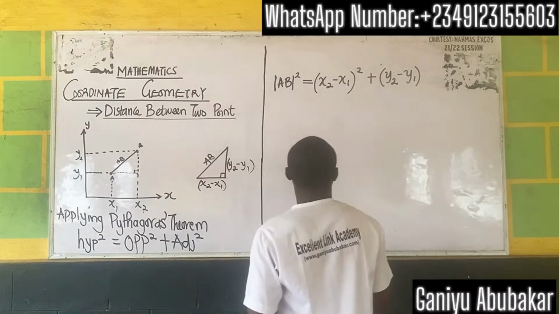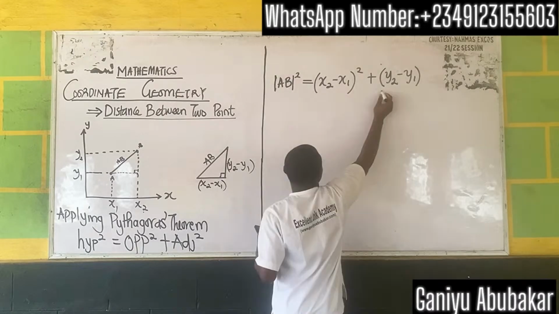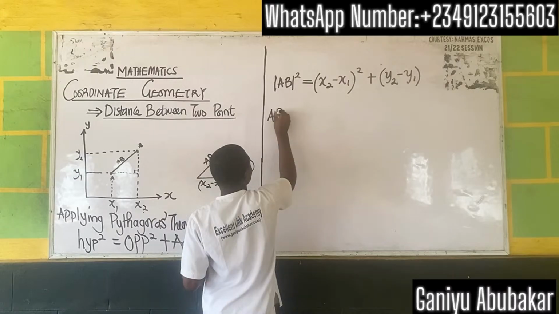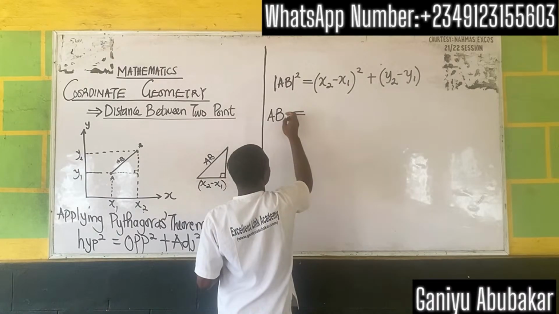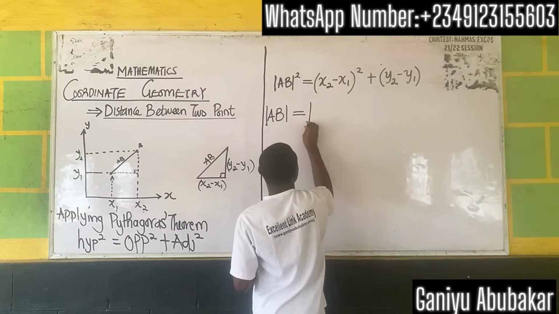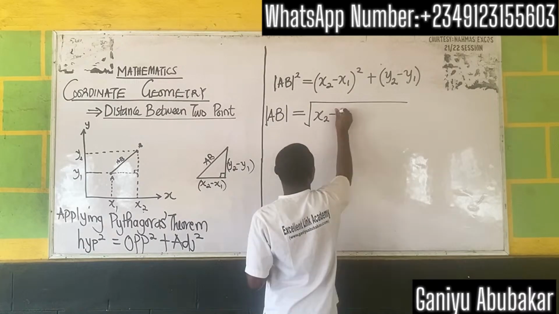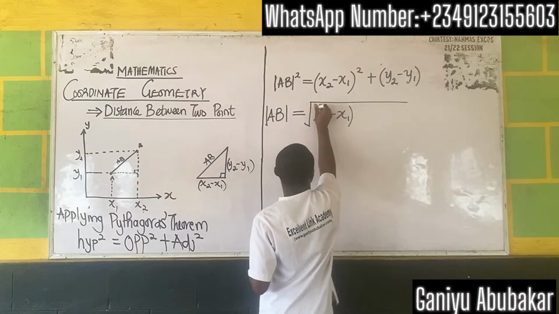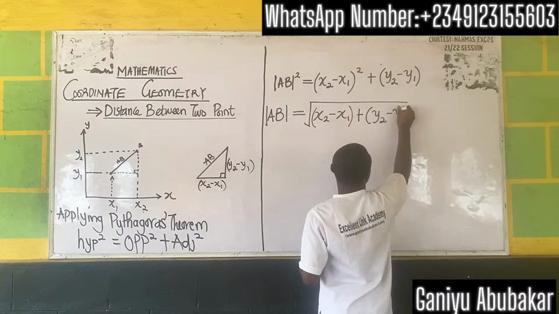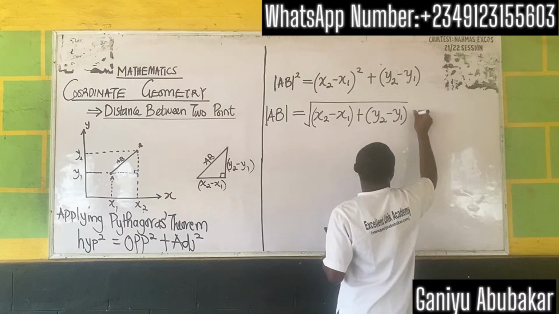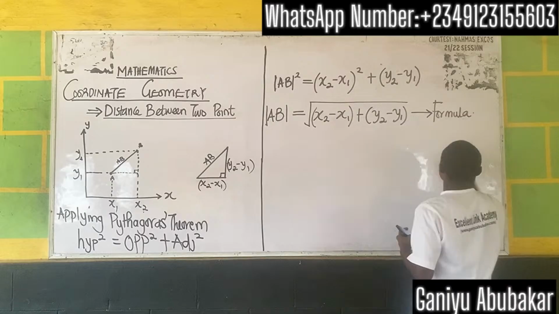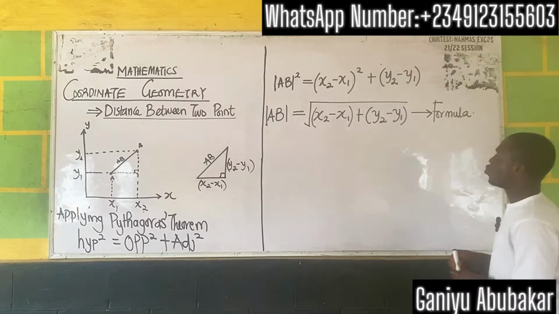From here, I'll take the square root. That gives you distance between 2 points AB will be equal to the square root of (x2 minus x1) squared plus (y2 minus y1) squared. This becomes the formula for calculating distance between 2 points.